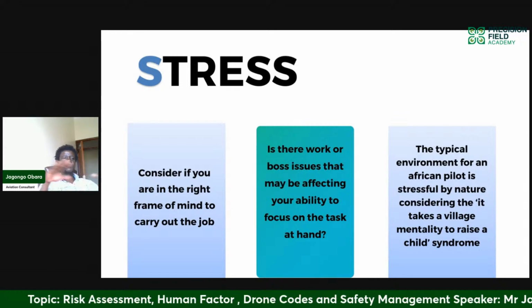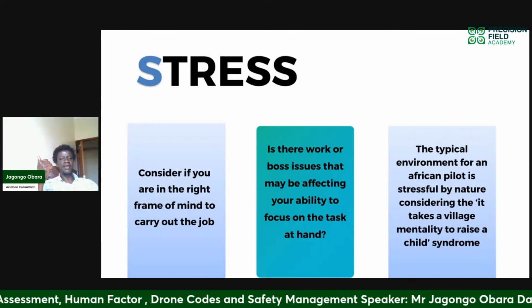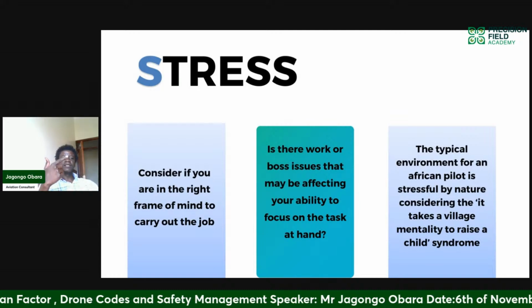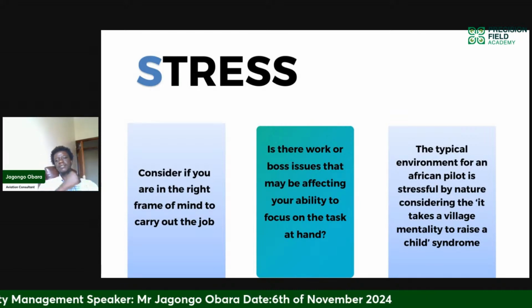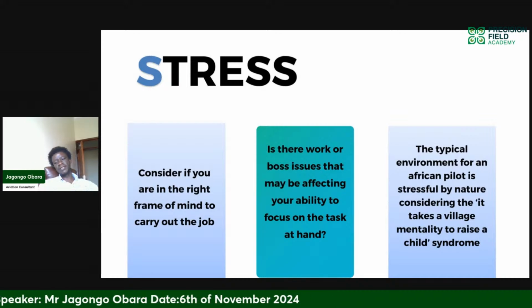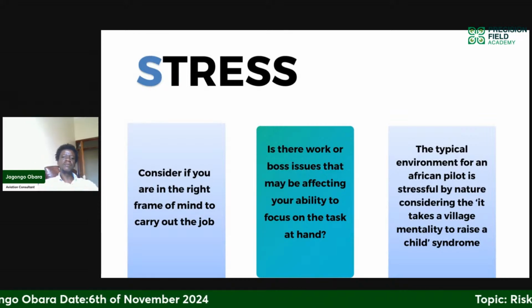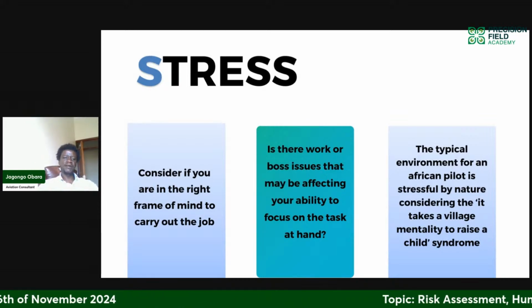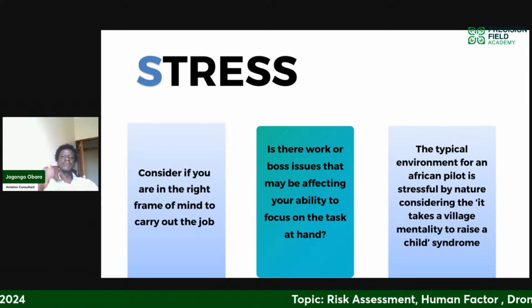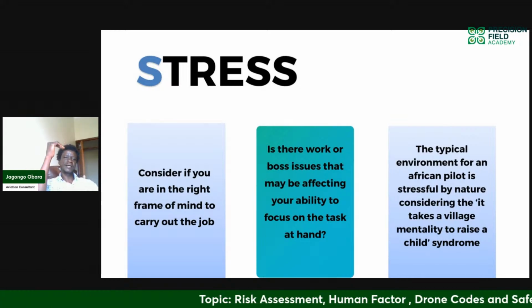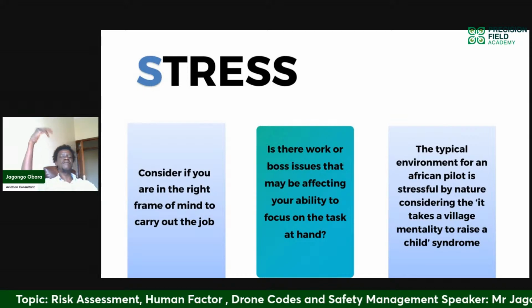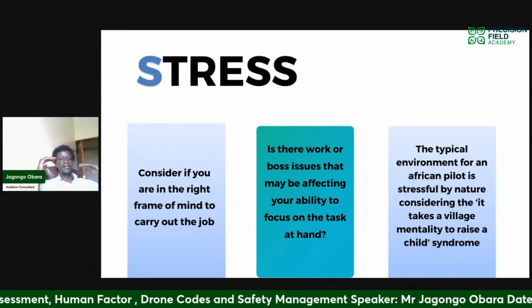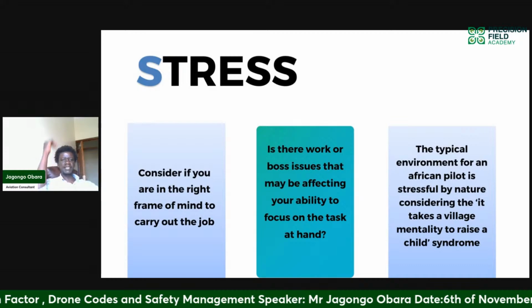And this cuts across whether you are the operator flying, the dispatcher, the observer, or the project management. In all these roles in the drone world, you want to ensure that we have minimum stress as possible. Or if we are stressed to a higher limit, then we have that information to say, okay, this situation has now reached maximum.